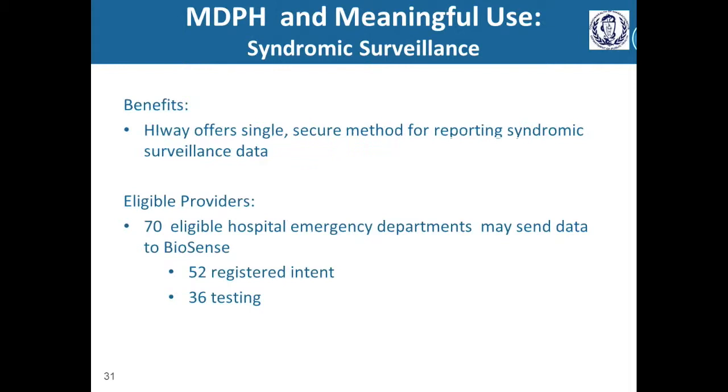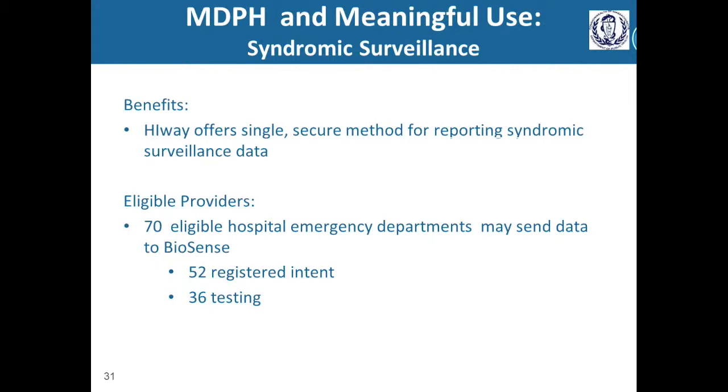And in terms of scale, we have potentially 70 eligible hospital emergency departments. 52 have registered their intent to supply syndromic data, and 36 are testing. Now, we do have non-hospital providers calling all the time and wanting to submit syndromic data, but really they are excluded from this because the state has declared that it's from emergency departments only.